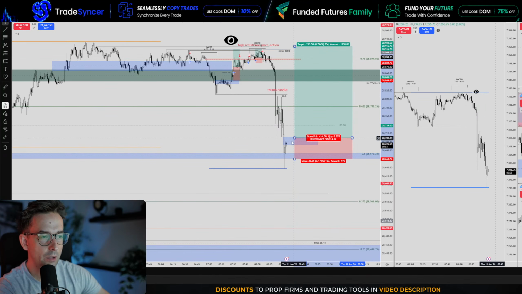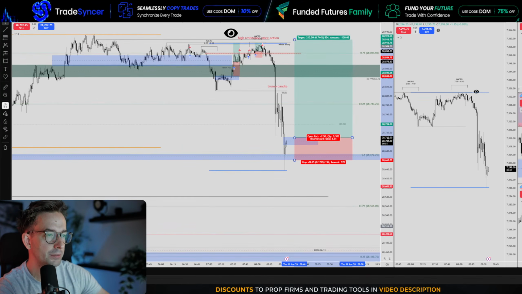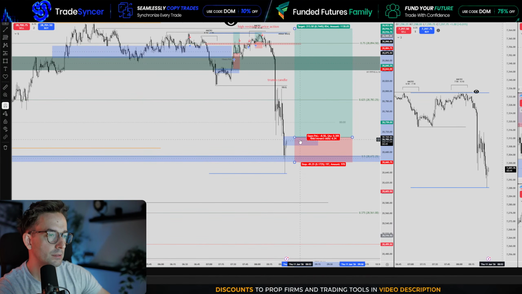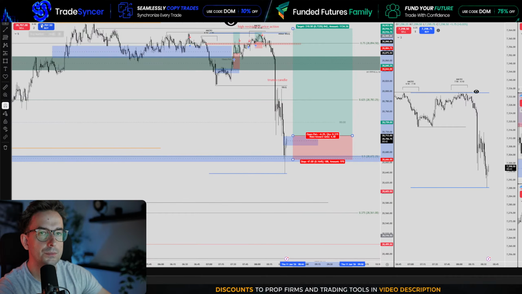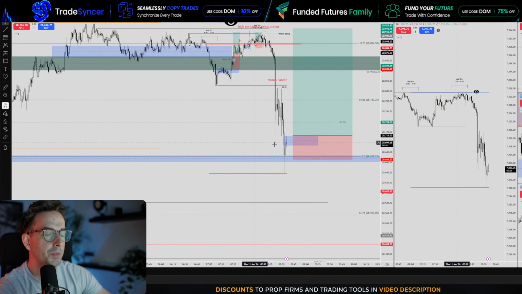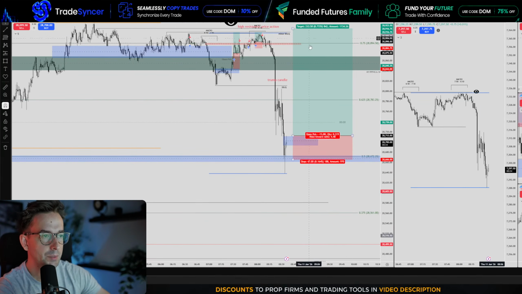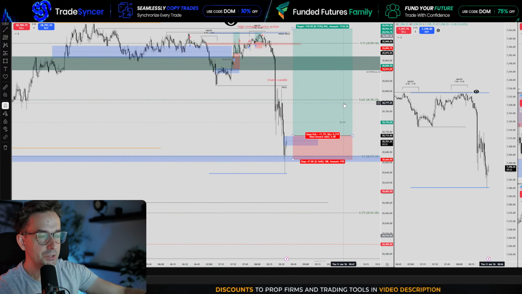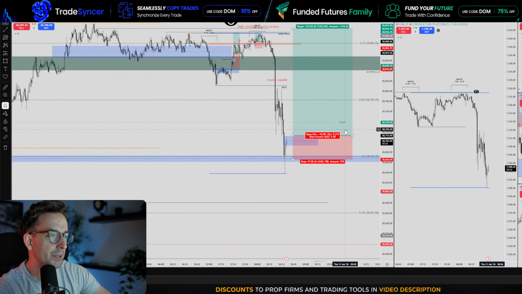Again, for this to qualify as an IFVG, it has to close above. What I'm going to do is a 50% risk if it does, and then I'm going to scale into this position as it moves up. If it were to do that, again, high risk. This is more of an RR play versus a strike rate play.